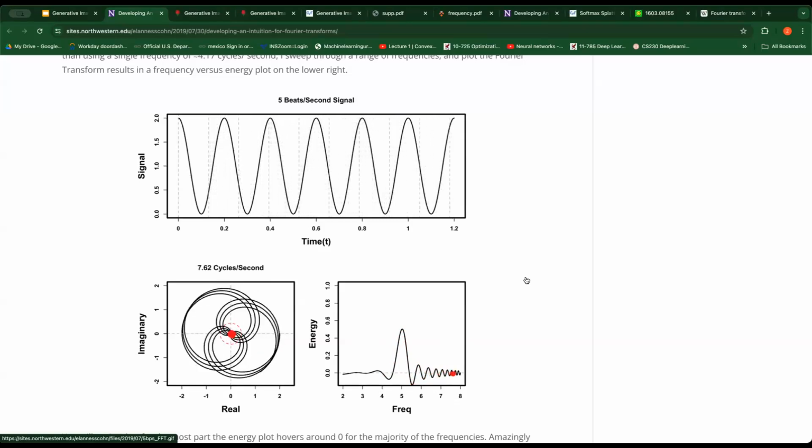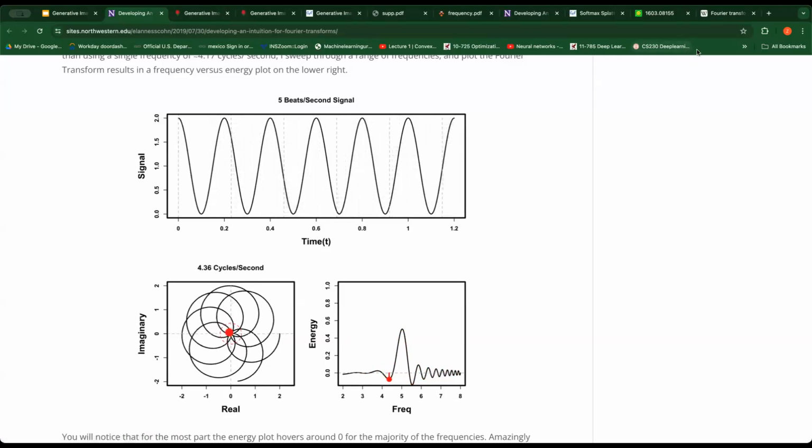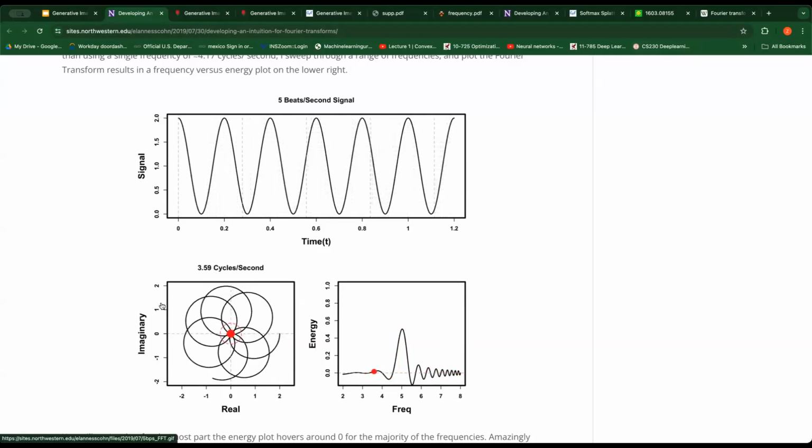Sorry. So if we make the signal graph very dense, how do these following two graphs look? It will still depend on the winding frequency.